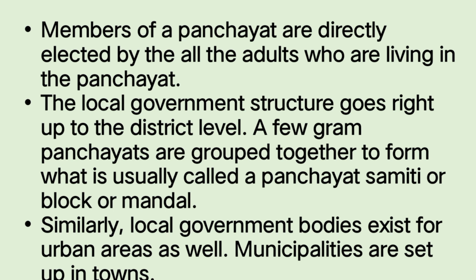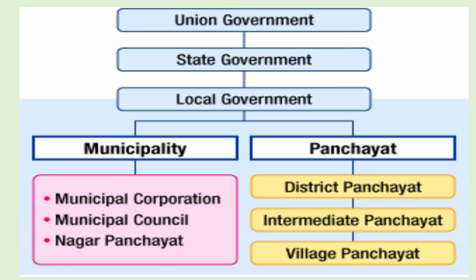The local government structure goes right to the district level. A few gram panchayats are grouped together to form what is usually called the panchayat samiti. We just studied the block level or the mandal level, and the head is the BDO, block development officer. Similarly, local government in the urban areas is divided into municipalities and municipal corporations, for the towns and the cities respectively.